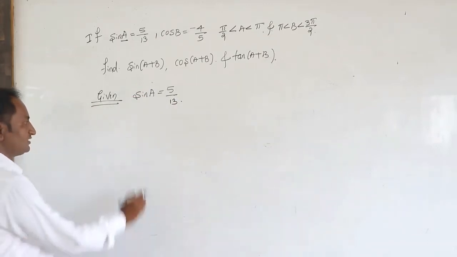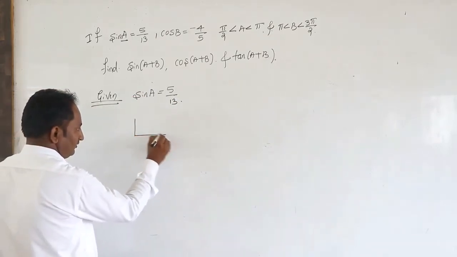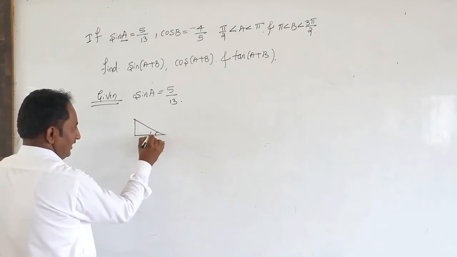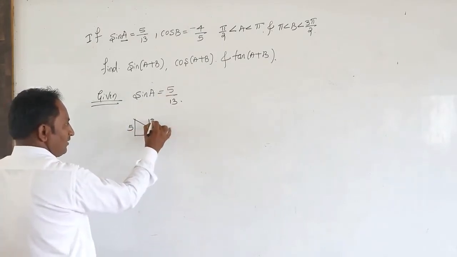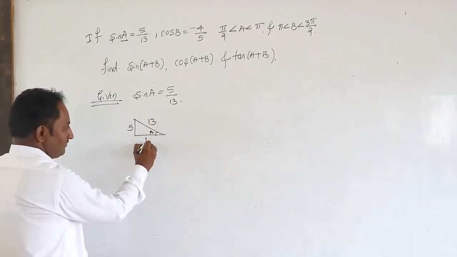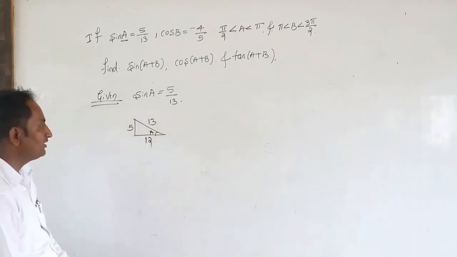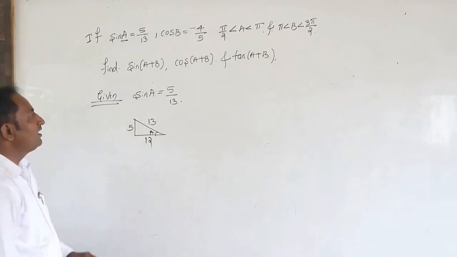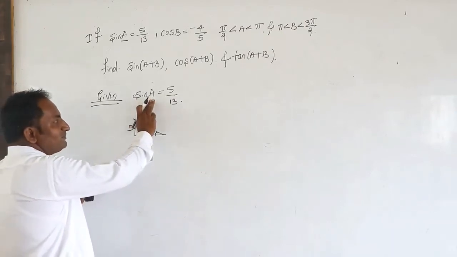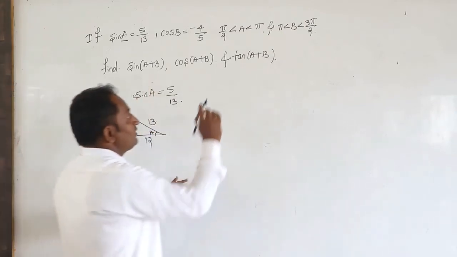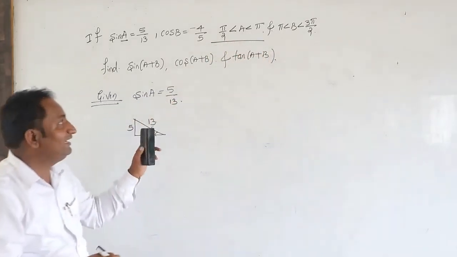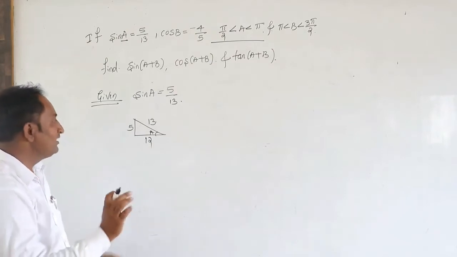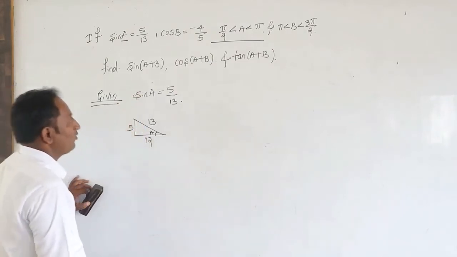Then we construct one right angle triangle with angle A. Here we define sine as opposite divided by hypotenuse. Definitely the third side value is 12, because of Pythagorean triplets. Here A belongs to the second quadrant because A value is in between 90 and 180. That's why A belongs to the second quadrant.